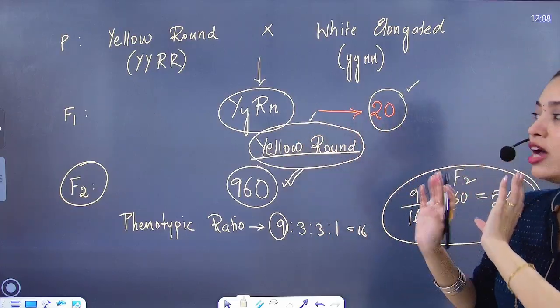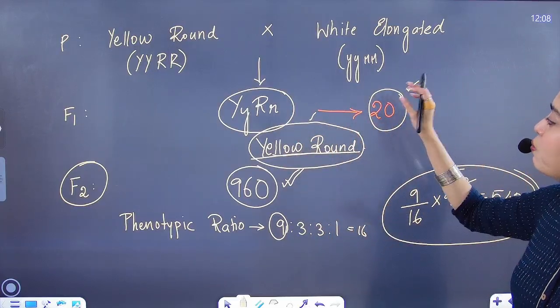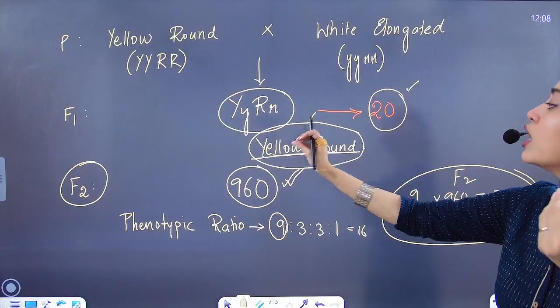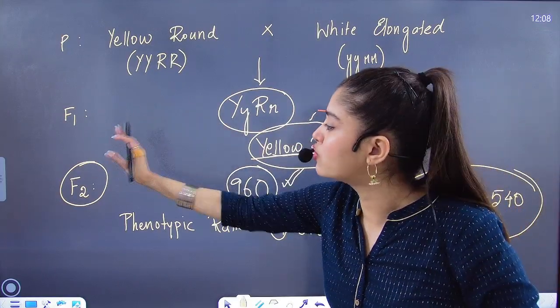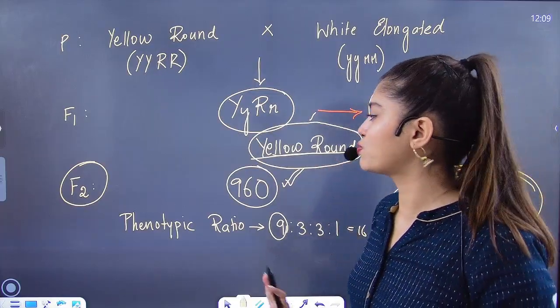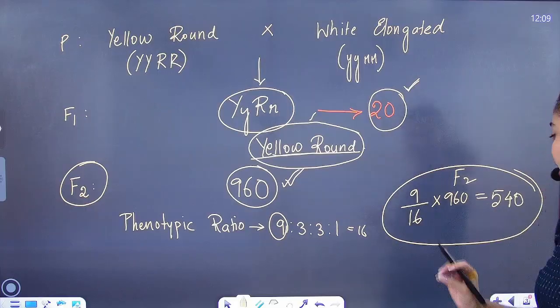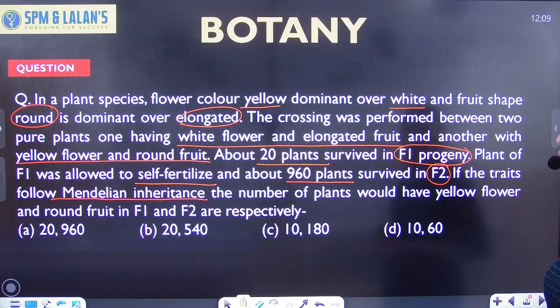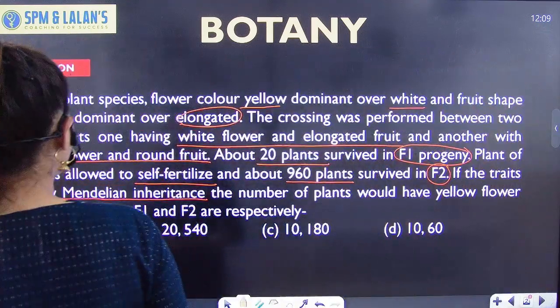Okay? So the number of yellow round offspring in the F1 generation would be 20, and in the F2 generation would be 540. Let's see which option matches 20 and 540.